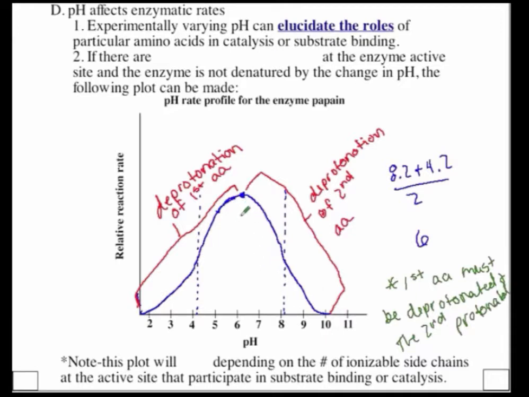So the two amino acids are different in that one must be protonated, one must be deprotonated to really reach that optimum of functionality. So this is a cool way to show what state the amino acids have to be in order for the enzyme to be active.